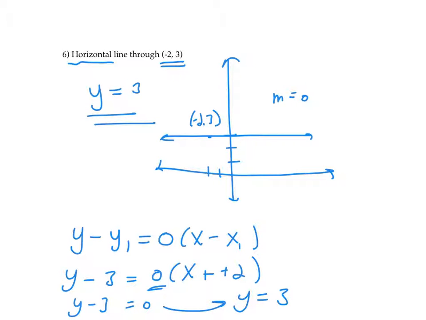There it is. So for horizontal lines, because every point on this line has a y-coordinate of 3, in a similar manner to the way in which we wrote the equation of a vertical line, for a horizontal line, it'll just be y equals a number. And so it's whatever that number is in your coordinate pair.